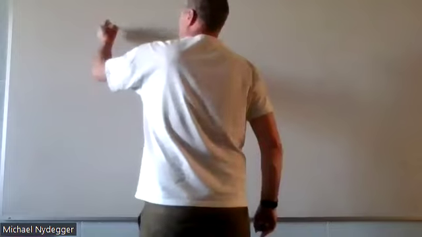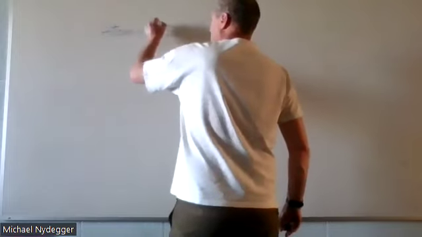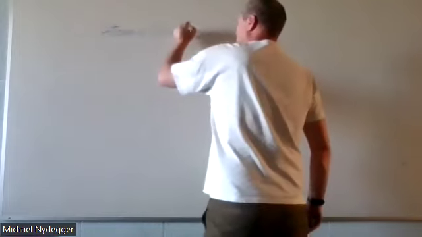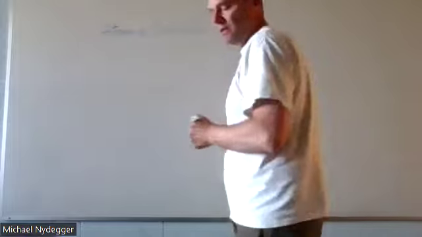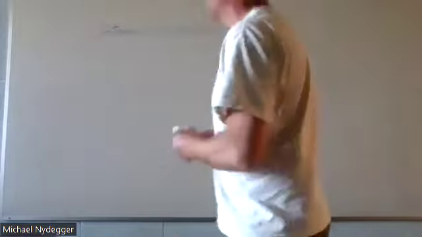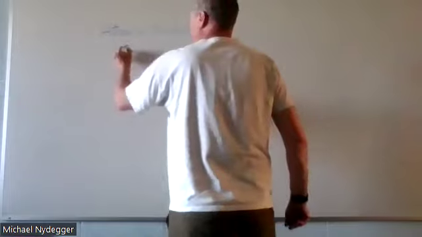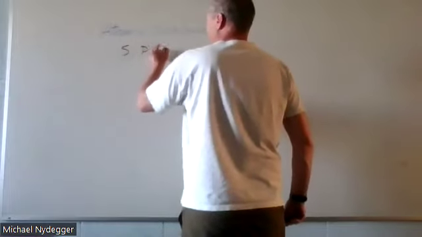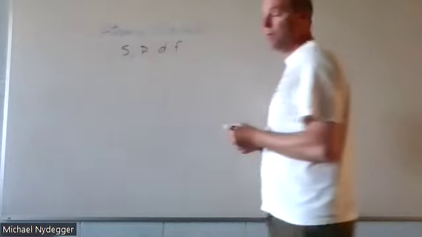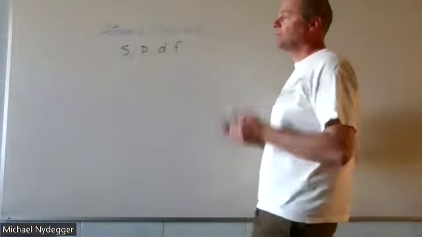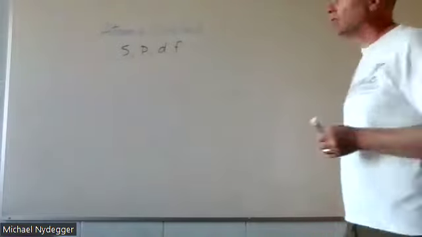There are things that are called atomic orbitals. Examples of this are going to be the S, the P, the D, and the F. Remember those? The S is going to be circular. The P is going to be dumbbell shaped.